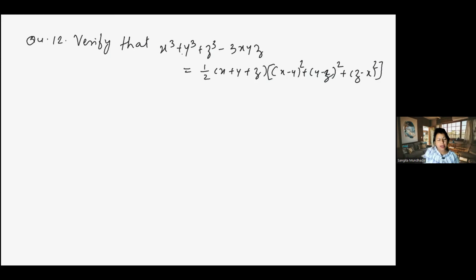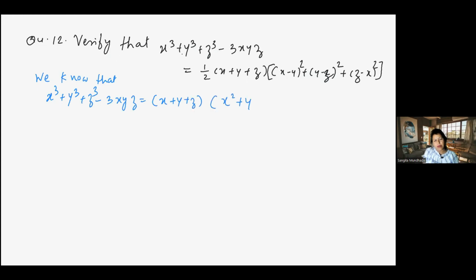So we will write here x cube plus y cube plus z cube minus 3xyz is equal to, we know this identity, first bracket x plus y plus z and second bracket x square plus y square plus z square minus xy minus yz minus zx.